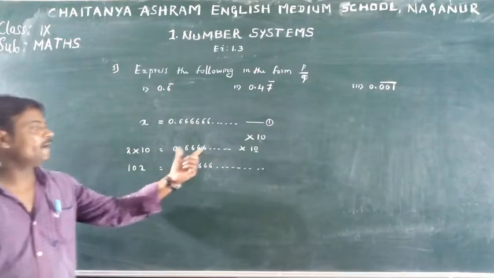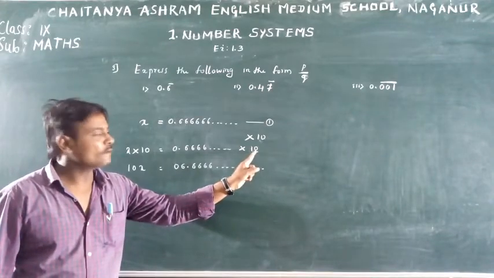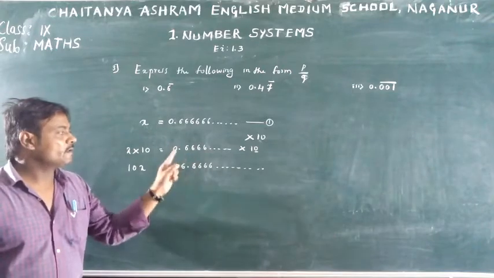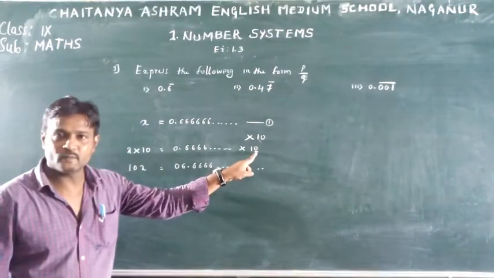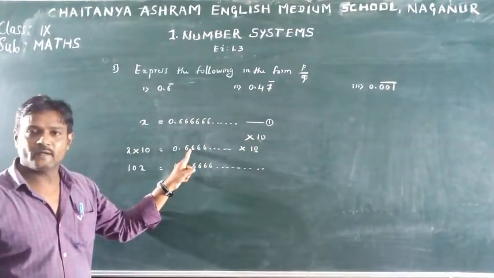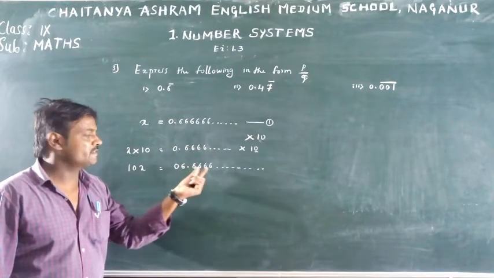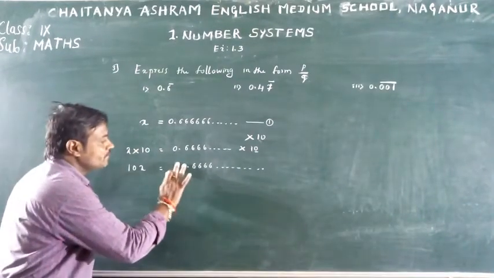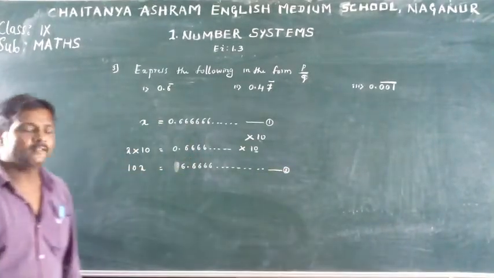When a decimal number is multiplied by 10, count the number of zeros with the 10. Only one zero is there. Then the product is the same number with the decimal shifted right by as many places as there are zeros. Clear? So 1 zero, move it one place right. Now it is 06.666, and 06 means 6, so rub this one. Now this is result number 2, equation number 2.